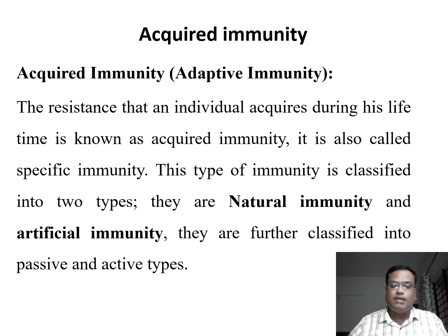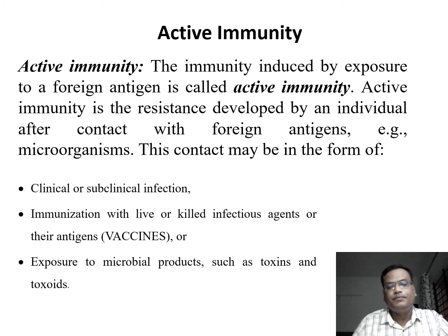And the other person develops immunity against B virus. So the type of infection which the person faces results in the type of immunity he is going to develop. That is called acquired immunity. Therefore, all individuals have different types of acquired immunity.